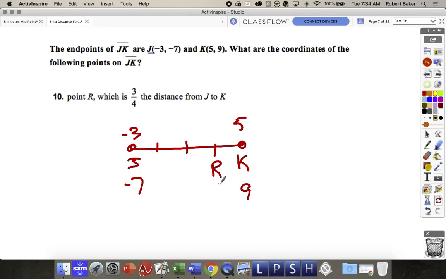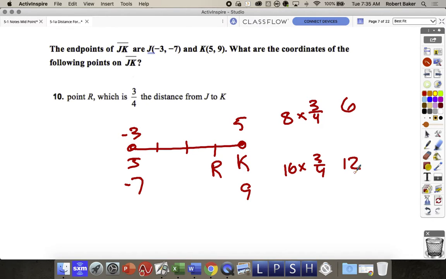So if I find the distance on top, this is the X values from -3 to 5, that's +8. On the bottom, -7 to +9 is 16. I'm going to apply the fractional distance, so multiply each distance by 3/4. Let's see, 8 times 3/4 is 6, and 16 times 3/4 is 12.